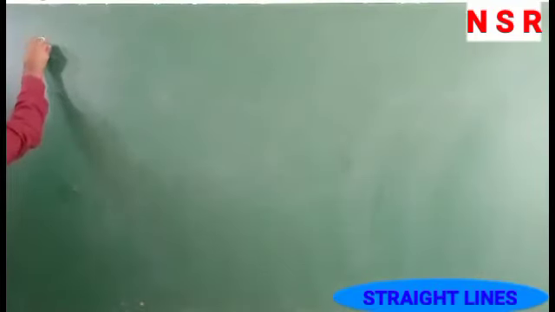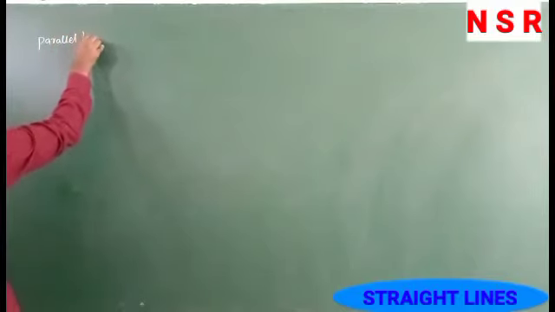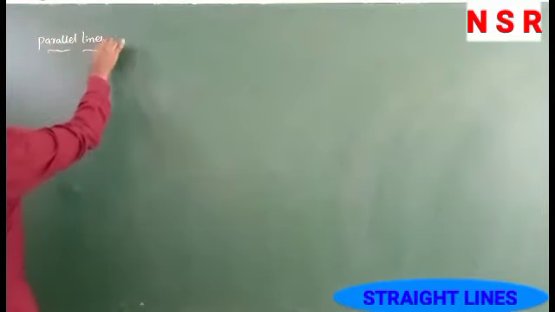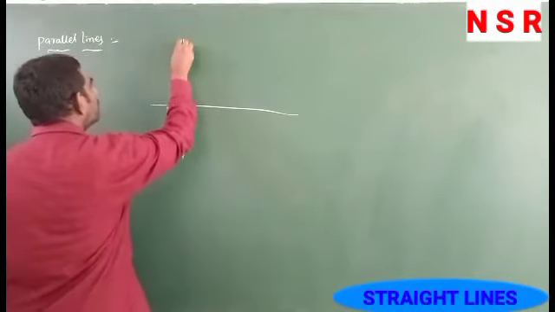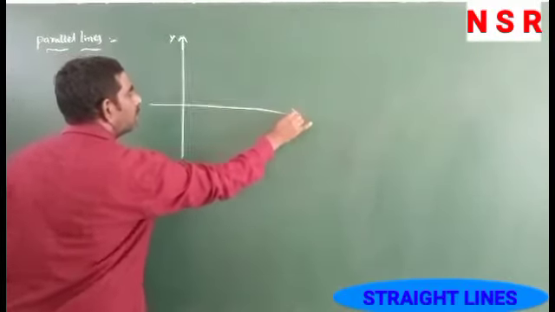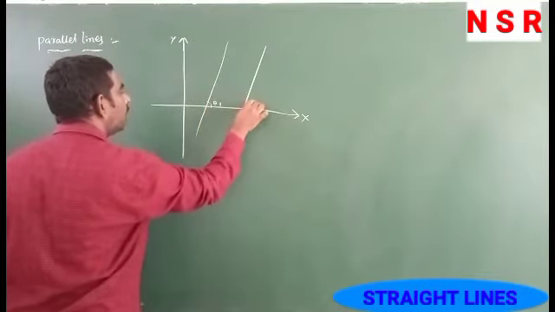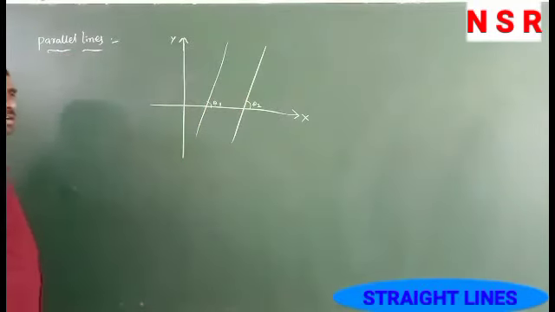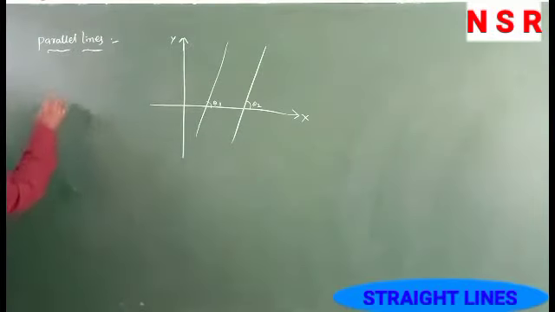Next, condition between two parallel lines and two perpendicular lines. First, condition between parallel lines. In a coordinate axis, with x and y axis, suppose two lines make angles theta 1 and theta 2 with positive direction of x axis, and these two angles are equal.